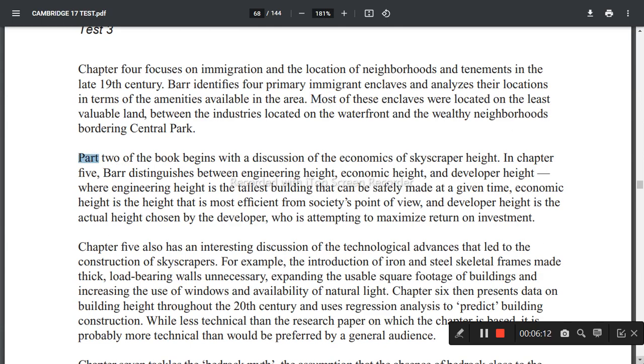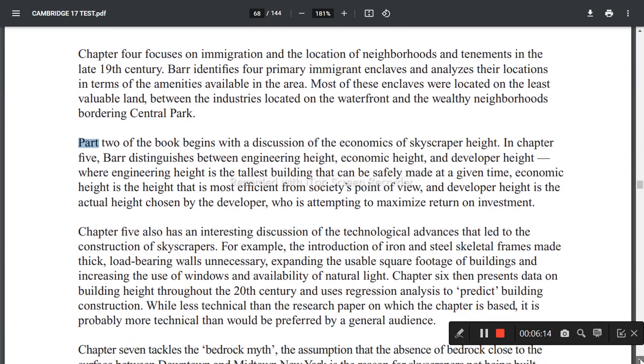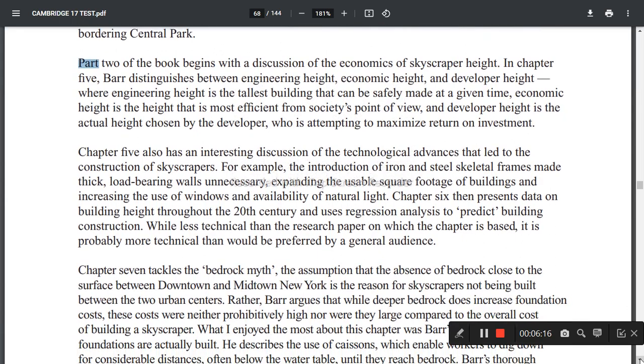Part 2 of the book begins with a discussion of the economics of skyscraper height. In Chapter 5, Barr distinguishes between engineering height, economic height, and developer height, where engineering height is the tallest building that can be safely made at a given time.